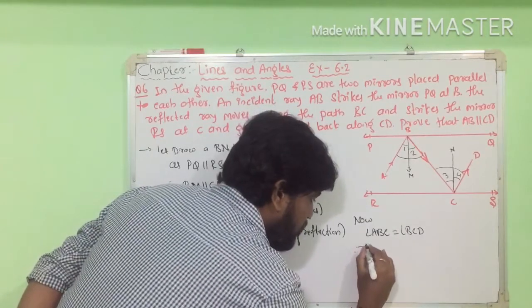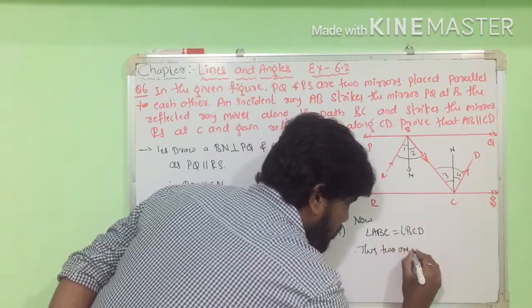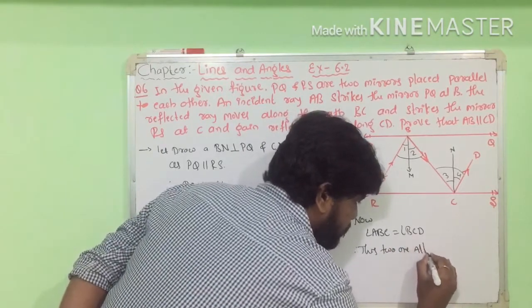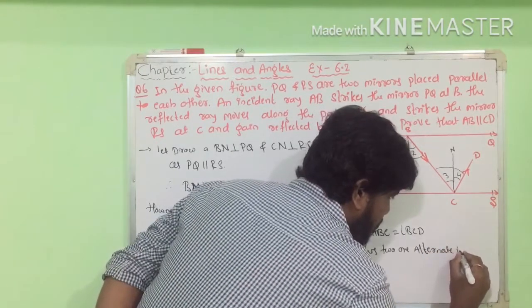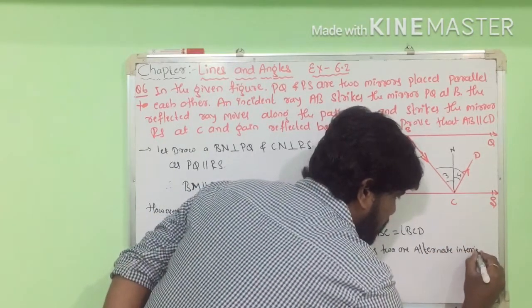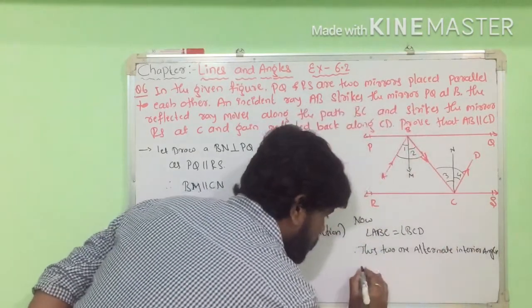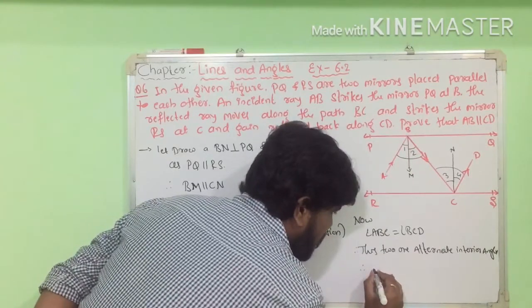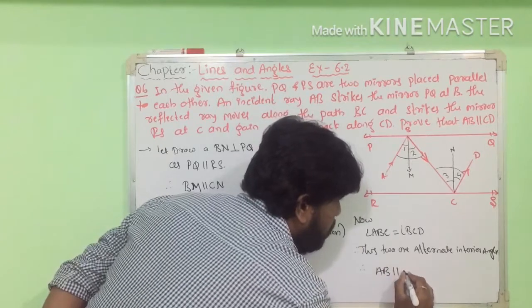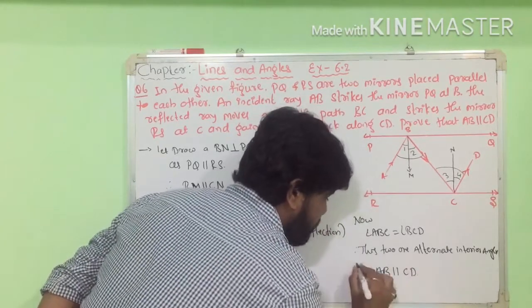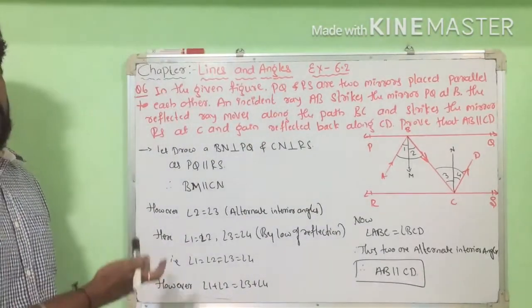Therefore, these two are alternate interior angles, and therefore AB is parallel to CD. Hence proved. So this is all about this exercise.